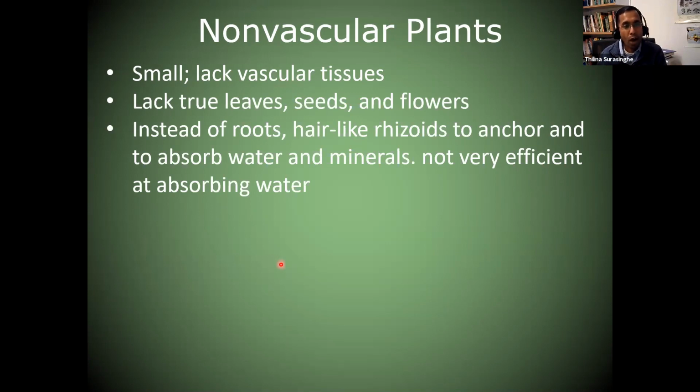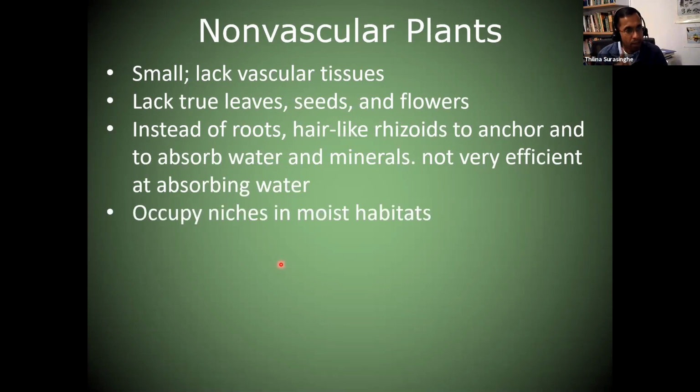Their job is to anchor for the most part and subsequently to absorb water and minerals to a certain degree, right? But I must mention those rhizoids are not that equipped, not that efficient at absorbing water and minerals. Their primary job is to anchor.